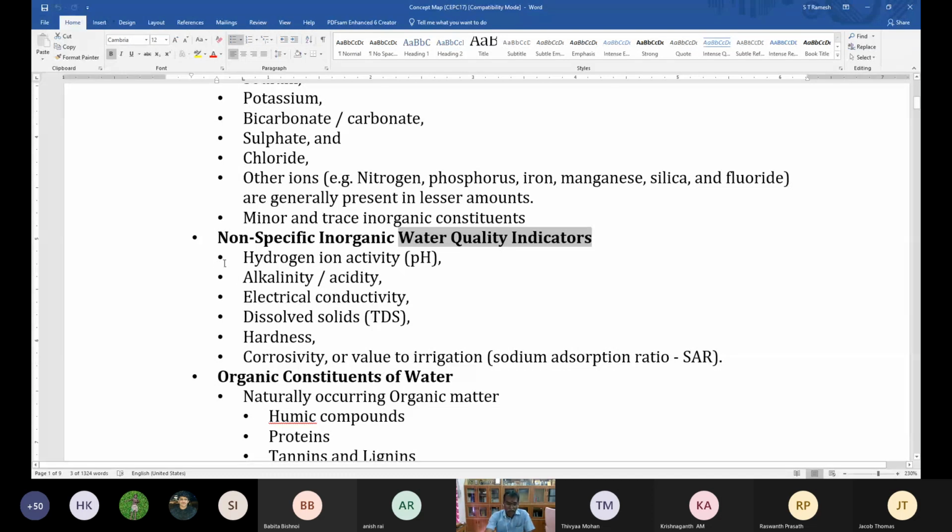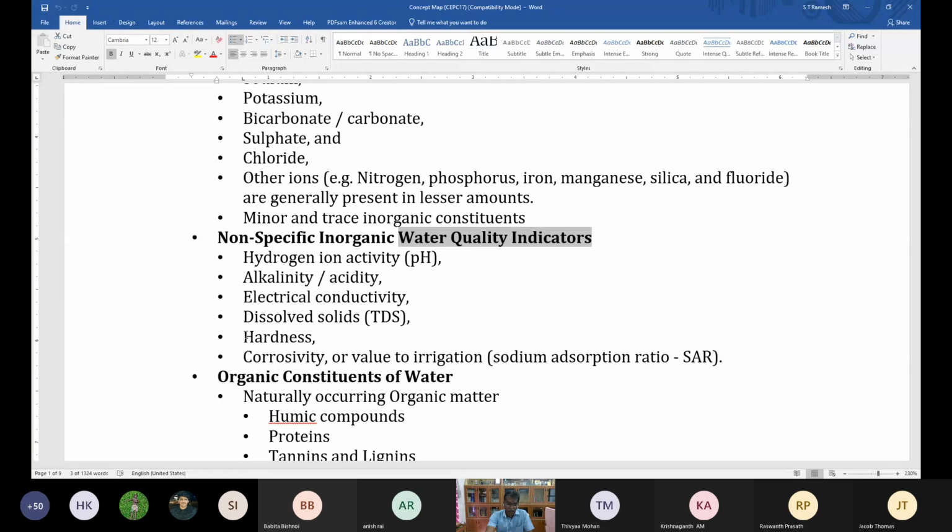Okay, so if the pH, alkalinity, conductivity, total dissolved solids and hardness of the water are known, then we can say something about the quality of water. So that's what has been mentioned, water quality indicators. By measuring TDS, you would be familiar at household level also. If you have an RO, normally people may ask, what is the TDS of the sample? Very simple. Or they may ask, what is the conductivity of the sample?